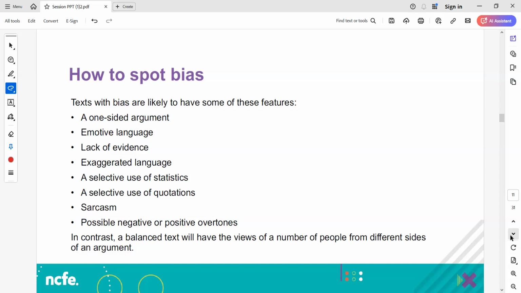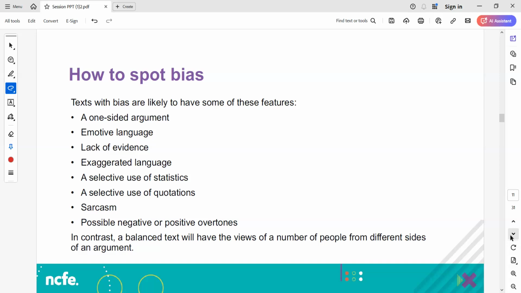A selective use of statistics. So they are only using part of what the statistics show. So they're just using the parts of the statistics, the information that backs up their claim.